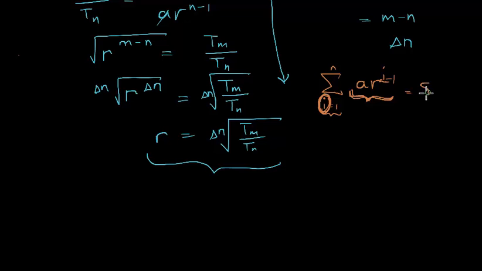So for example, they might give you this equal to some number, 3287, whatever. And so you know, this side is the sum of the first n terms of a geometric series.